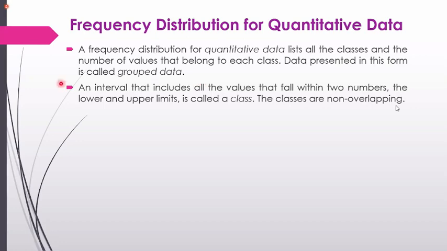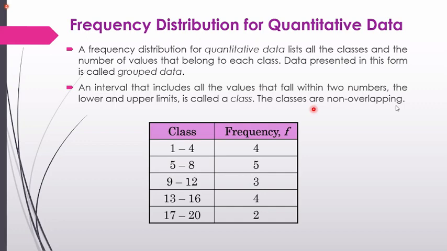An interval, that is a class, includes all the values that fall between two numbers, the lower and the upper limit. The classes are non-overlapping. Example, here you look at class 1, 4. So what is the meaning of 4?